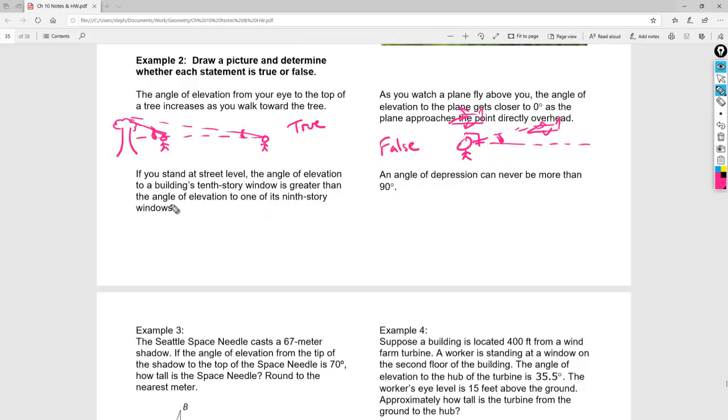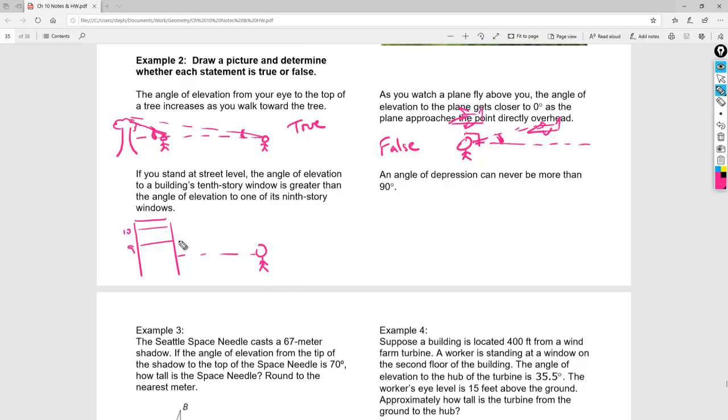Okay. Now, if we're standing at street level, the angle of elevation to a building's 10th story window is greater than the angle of elevation to one of its 9th story windows. Okay, so we have a building. Let's say this is the 10th floor, this is the 9th floor. Alright, so I'm standing over here, and my line of sight is here.